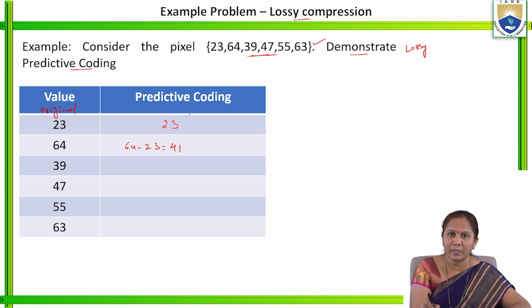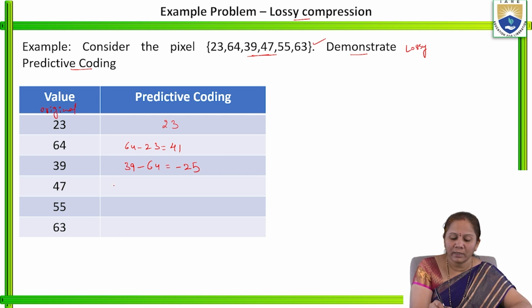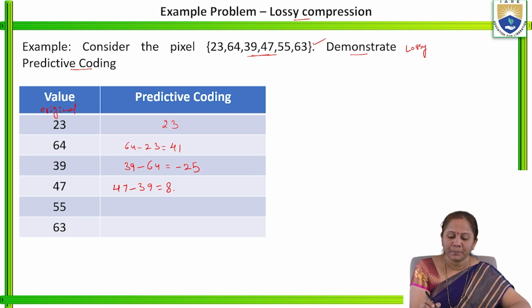To calculate the predictive coding, 39 is the present pixel value, the previous one is 64. 39 minus 64, we will get minus 25. The next pixel value is 47, the previous pixel value is 39, so 47 minus 39, we will get 8.